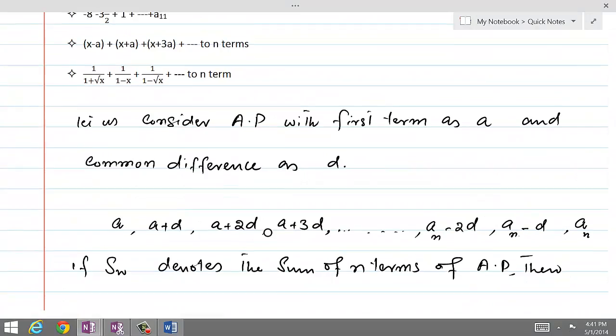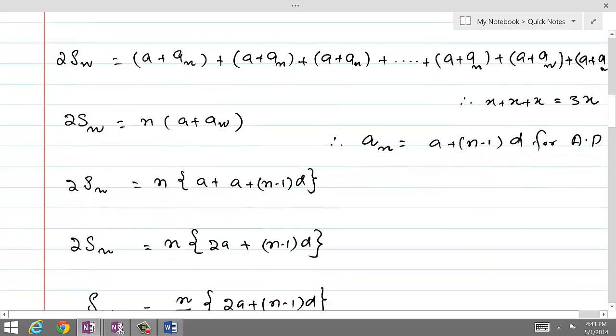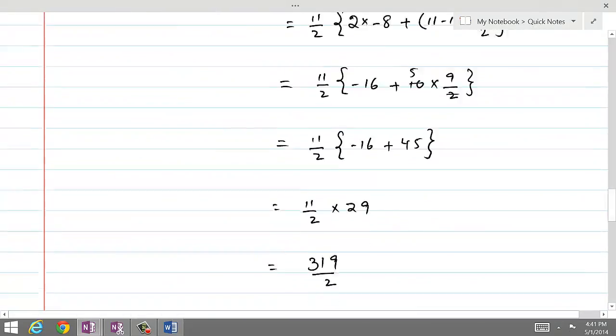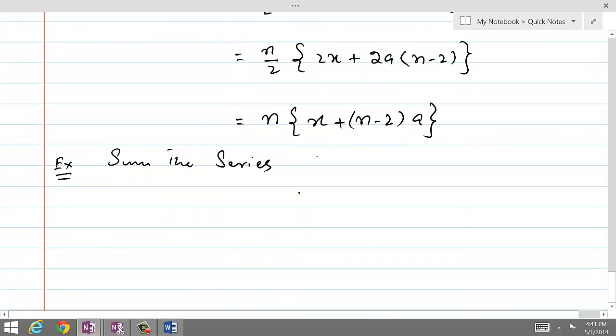That's 1 over 1 plus under root x, plus 1 over 1 minus under root x, plus, again it's given 1 over 1 minus under root x, plus so on up to n terms.